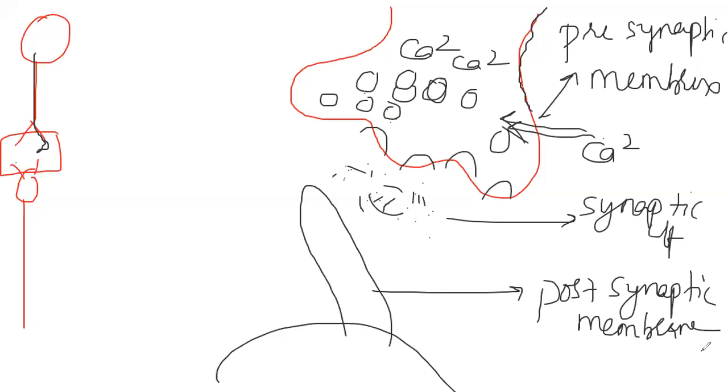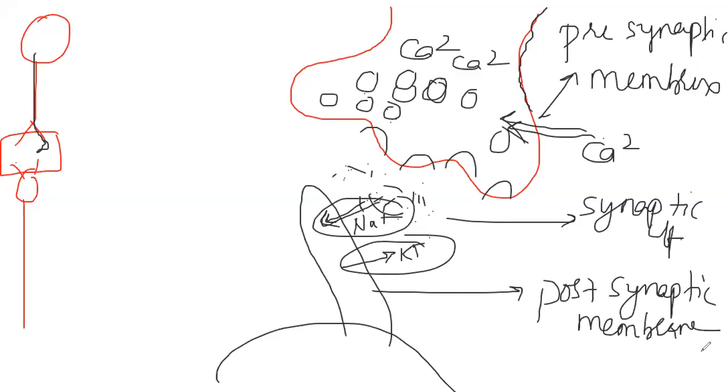The acetylcholine released into the synaptic cleft will influence the postsynaptic membrane. That makes the influx of sodium ions, or it may make the efflux of potassium ions. Either of these can happen.